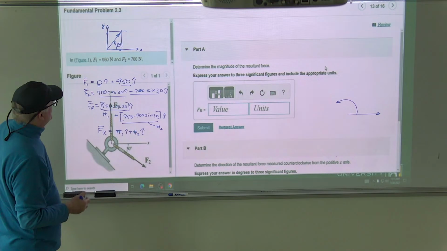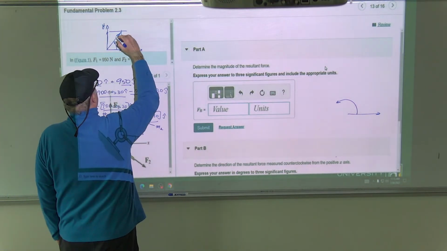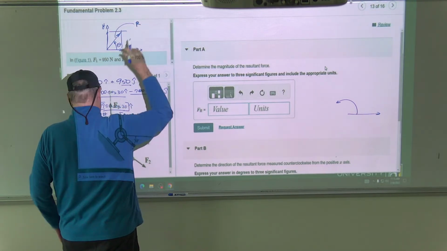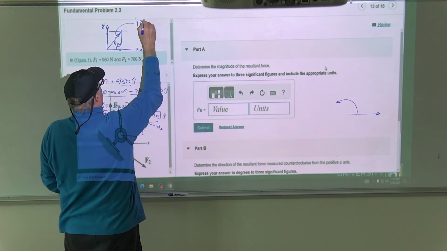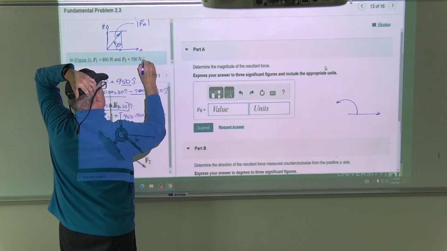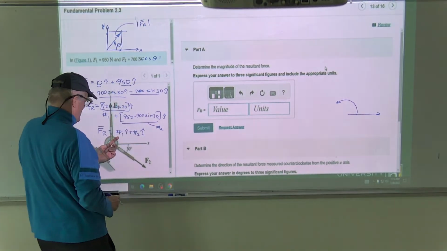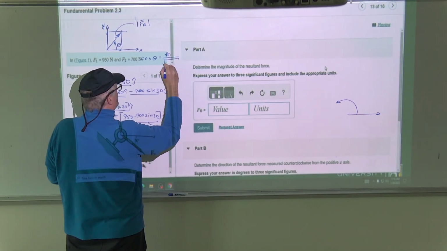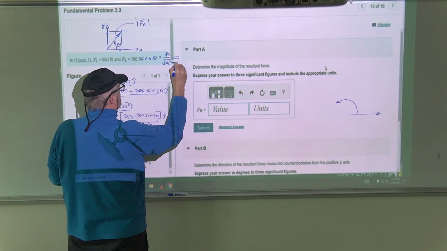Now there's 2 or 3 ways you can find it. One is you already found the magnitude, so let's call this the magnitude, FR. There's your magnitude. So you could say the cosine of the angle is equal to the x component over the magnitude, which would be the square root of the x component squared plus the y component squared.